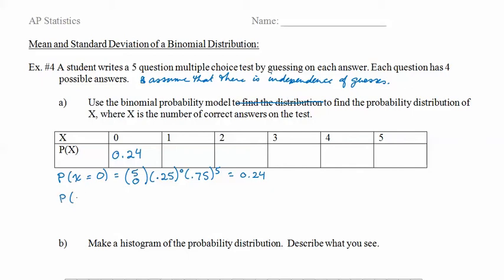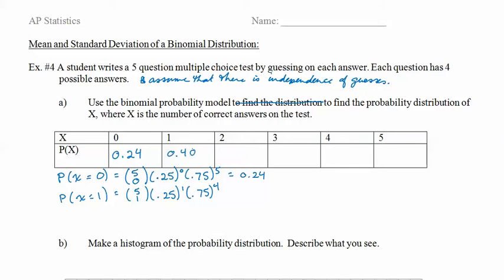So in that case, I'll write this one out. So it would be 5 choose 1 times 0.25 to the 1, 0.75 to the 4. And so on. We will increase the exponent of the first term by 1 each time and decrease it for the second term each time. So go ahead and calculate those, and we'll come back.